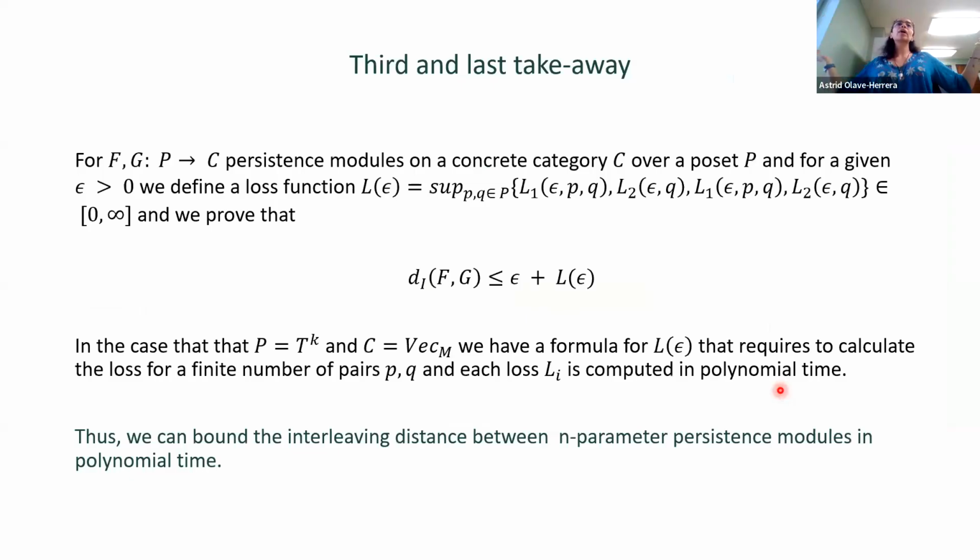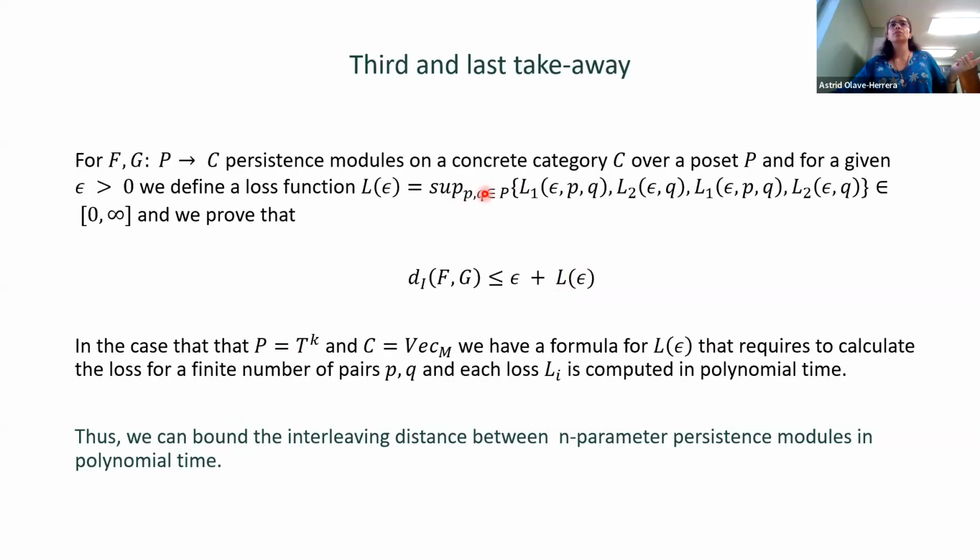So third and last takeaway, this is my summary. If we have two different persistence models, any poset, any concrete category, we have the final loss function that takes a sum over an infinite number of elements, such that the interleaving distance is bounded by epsilon plus the loss. But in the case that we have, for example, R2, R3, any linear order to the power of k, and let's say the vector spaces, we have a formula for L epsilon that requires calculating the loss for a finite number.